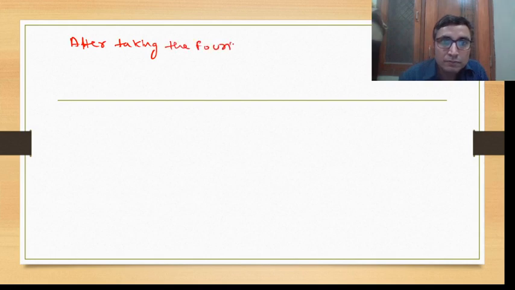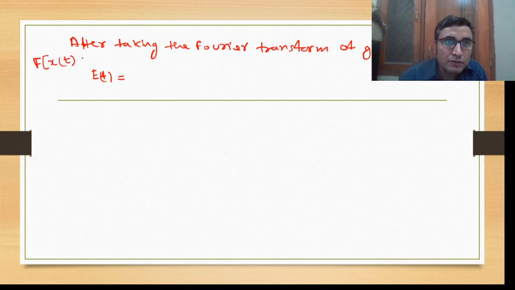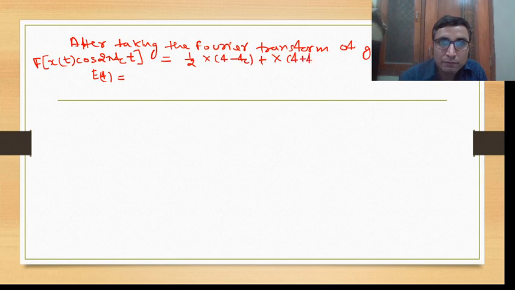Now before taking this Fourier transform, we know that the Fourier transform of x(t) cos 2 pi fct is 1 by 2 into capital X(f minus fc) plus capital X(f plus fc).